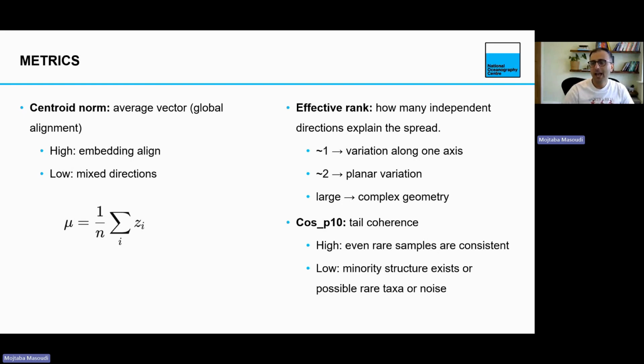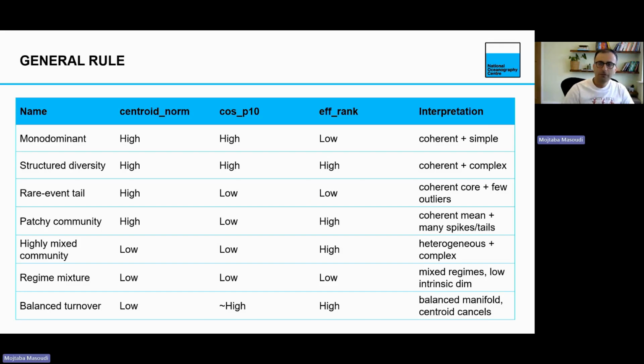And also we had a look at the tail coherence. It was important for us to see what the rare samples and noise in the data look like. If it's high, it means the rare samples are consistent with the rest of the data. So the general rule was that we can separate the data based on the different structures in the geometry.